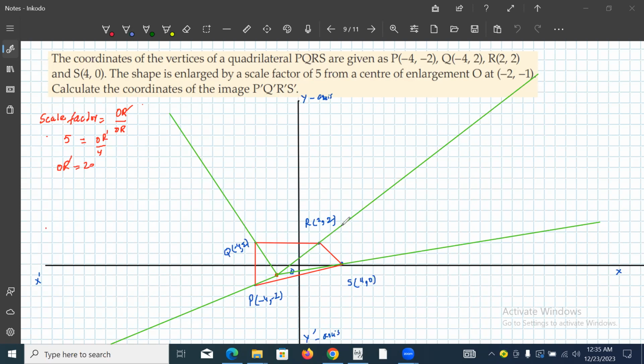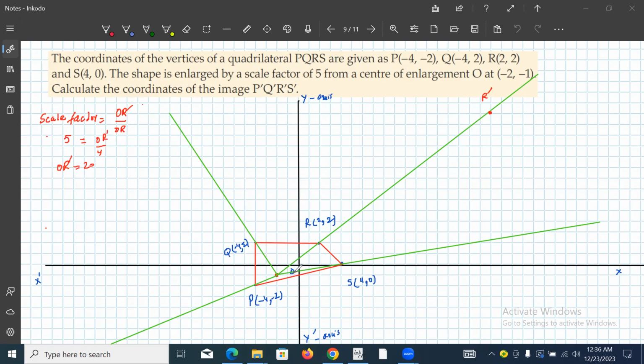Then 5, 6, 7, 8, 9, 10, 11, 12, 13, 14, 15, 16, 17, 18, 19, 20. It comes here, and this is R dash.